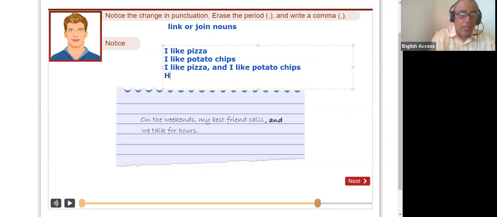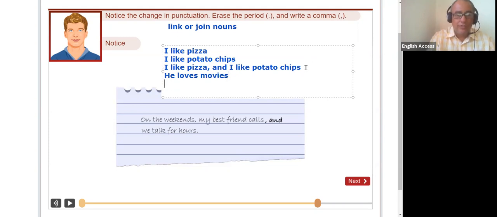For example, he loves movies. For a person who likes to go to the movies. Another sentence: he loves popcorn. We have two ideas. We need to link these ideas. In this case, movies and popcorn are going to be joined or linked by the word and.